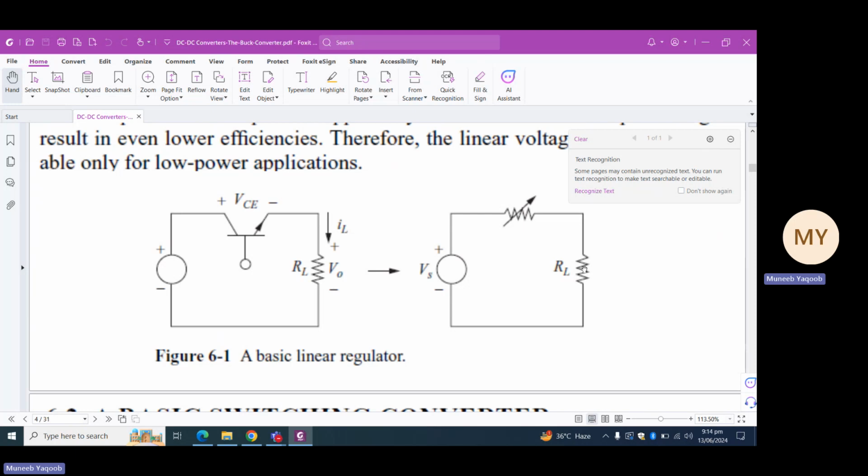But if we do so, we need a variable resistor of 2RL to basically consume 8 volts out of the 12 volts being provided by the input voltage Vs. In this way, we can easily make the output voltage equal to 4 volts. But we basically lose 66% of the power.